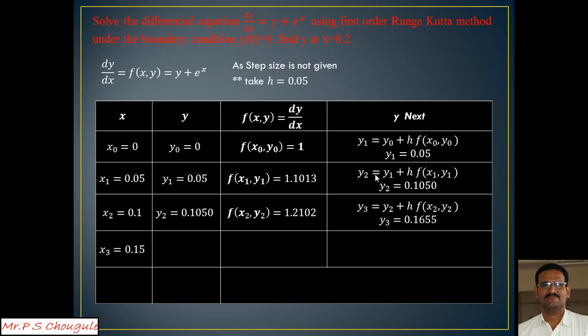Again x3 is equal to 0.15, and at that point the value of y3 which we have calculated is 0.1655. By putting these two values in the function, we will get this, and here is the formula, Euler's formula, y4 is equal to y3 plus h into f of x3, y3.